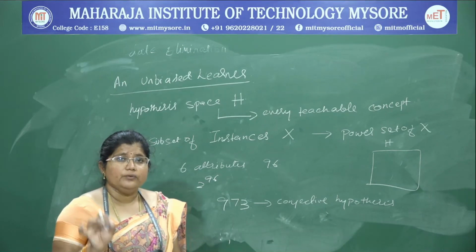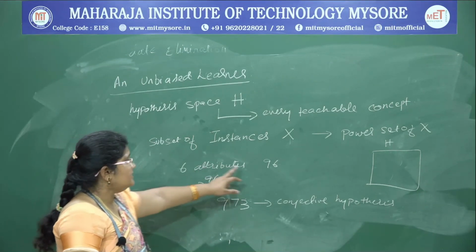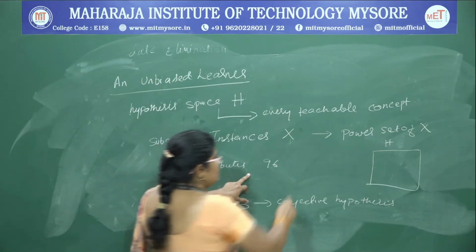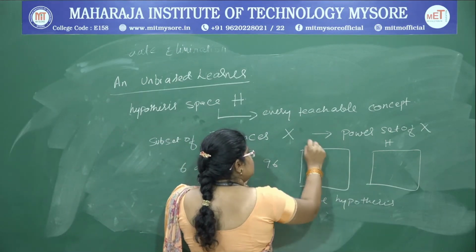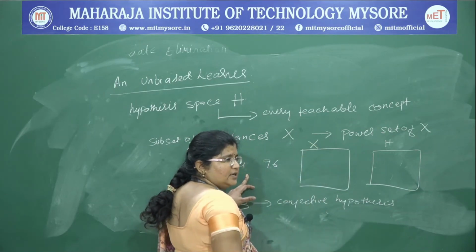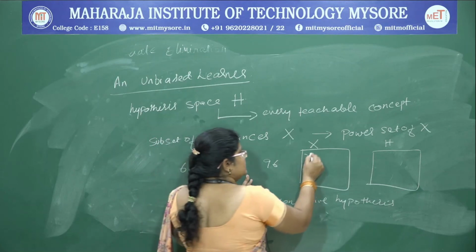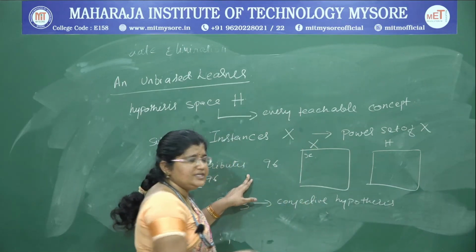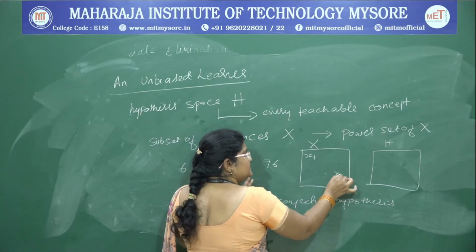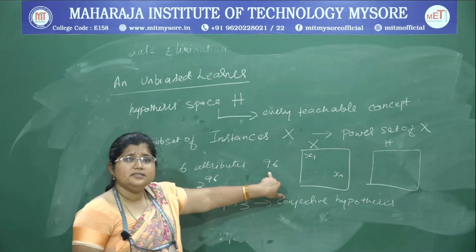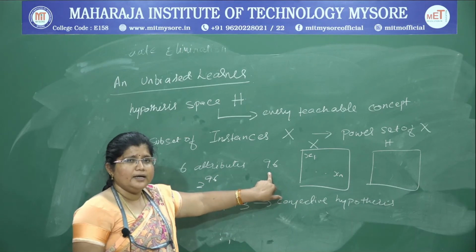So in total, 96 instances can be created in the instance space X, capital X, where small x, that is x1 to xn, are the instances.